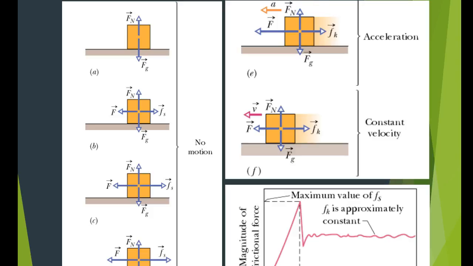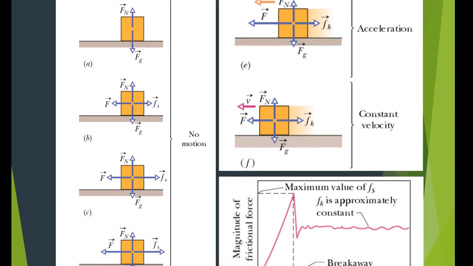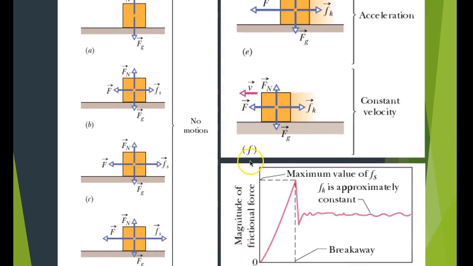And so if you are measuring the amount of force that friction provided as you pulled it, it would look something like this. As you push, the force gets stronger, stronger, stronger, until suddenly the object kind of breaks loose, and then you notice that frictional force suddenly drops off and gets a lot less.